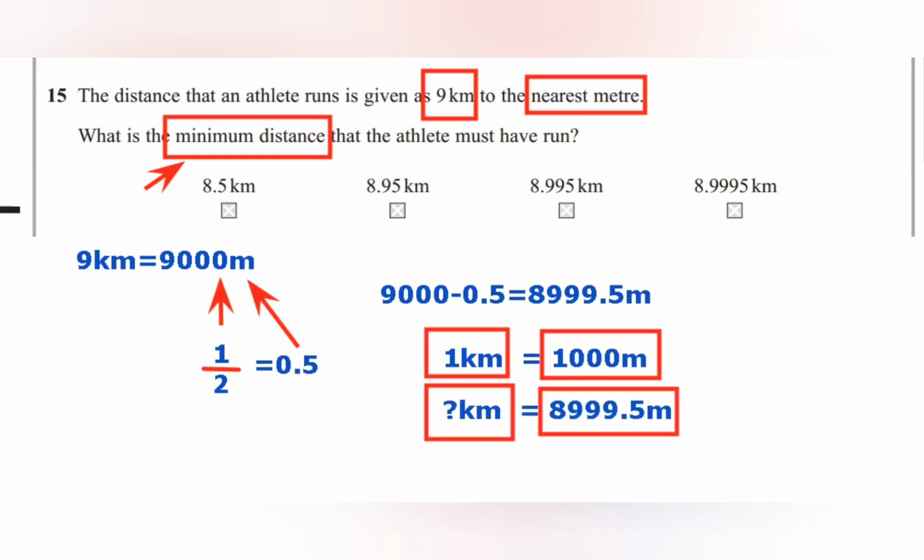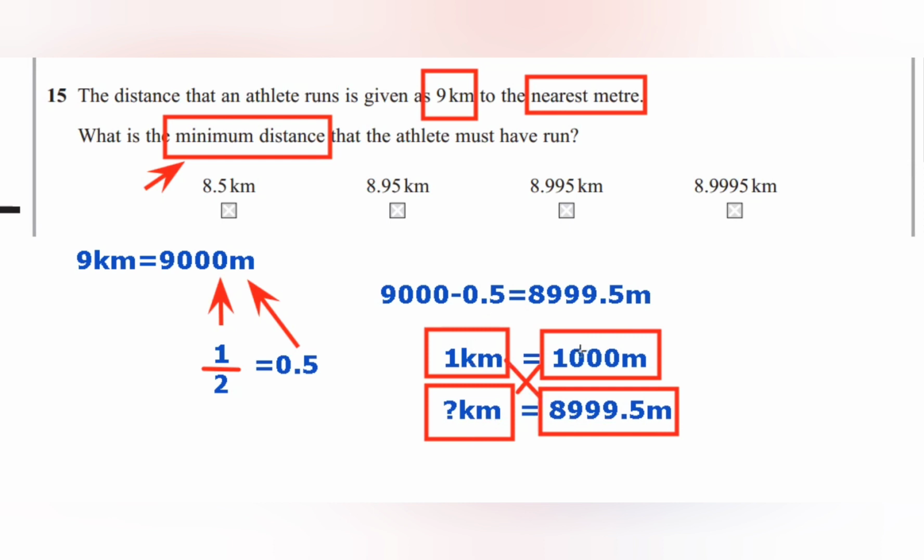We put X in the middle. We multiply the ones which are attached with one line. These ones are attached with one line, and both of them are numbers. I can't multiply these because I don't know this. So I'm going to multiply these and then divide them by the other one which I didn't use. So I'm going to take 8,999.5, multiply it by 1, which is the same, and then divide it by 1,000.